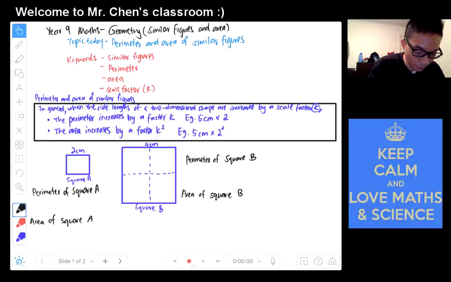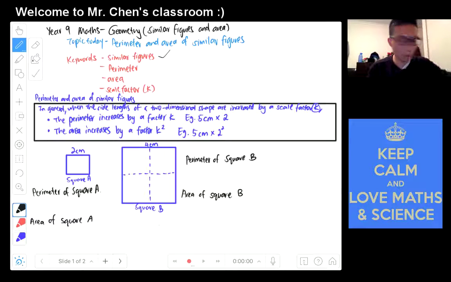So the keywords involved are similar figures. Okay, so we all know what similar figures are. If you don't, you have to go back and watch the previous videos. And perimeters, we know perimeter is the total length of the outermost section of the figure.